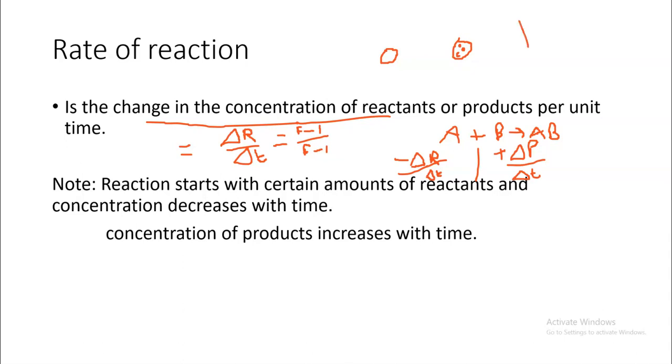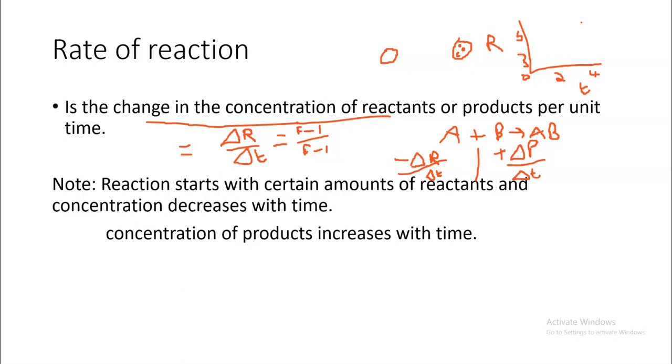For example, if I were to draw a graph, let's say I have 2 and 4 for time, and 3 and 5 for the reactant, and there'll be 0 down there. If I were to investigate the rate of reaction between 2 and 4, time will be our x-axis, and product or reactant will be our y-axis.